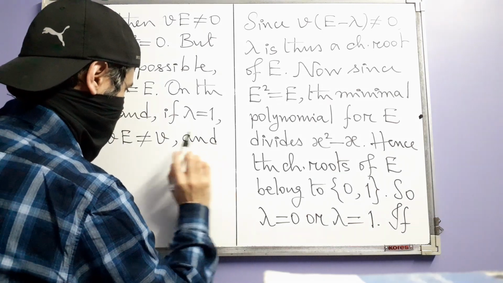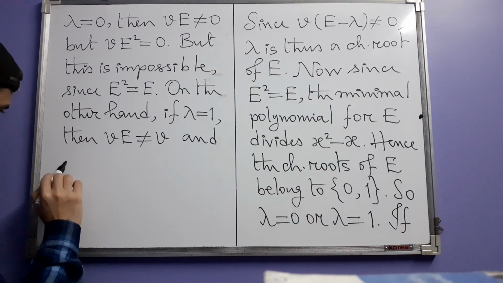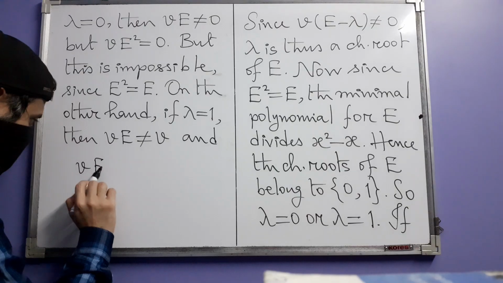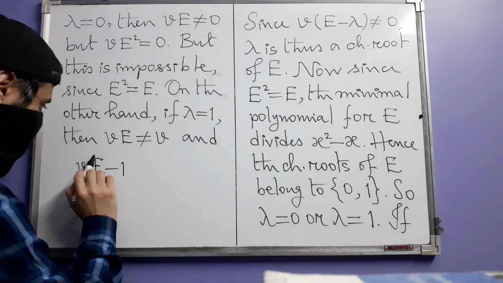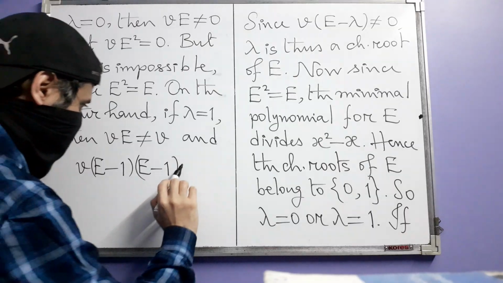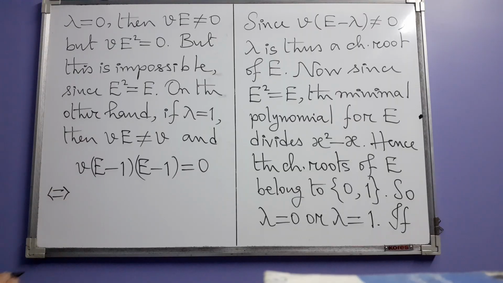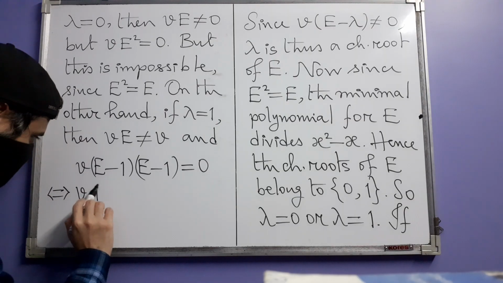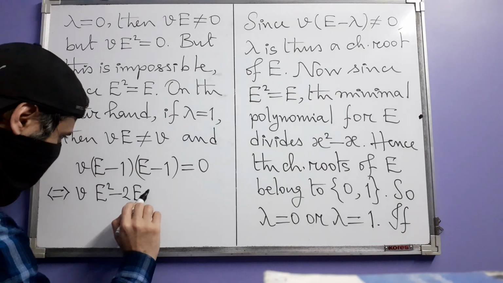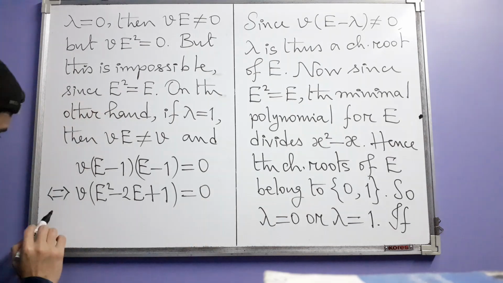And additionally, what do you get from that equation? Let me write like this: V (e minus 1)(e minus 1) is equal to 0, which is equivalent to having e square minus 2e plus 1 equal to 0.